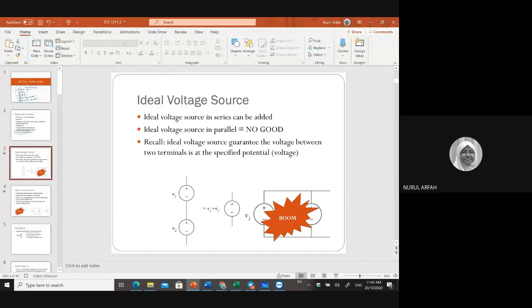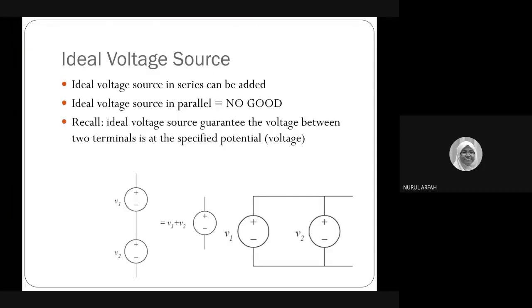So what is an ideal voltage source? An ideal voltage source is that when you have voltages in series, you can add them together. Remember our previous example, I think example number 1 in our lecture 1, we have something like this. VS, not VS, V total. What is V total here?